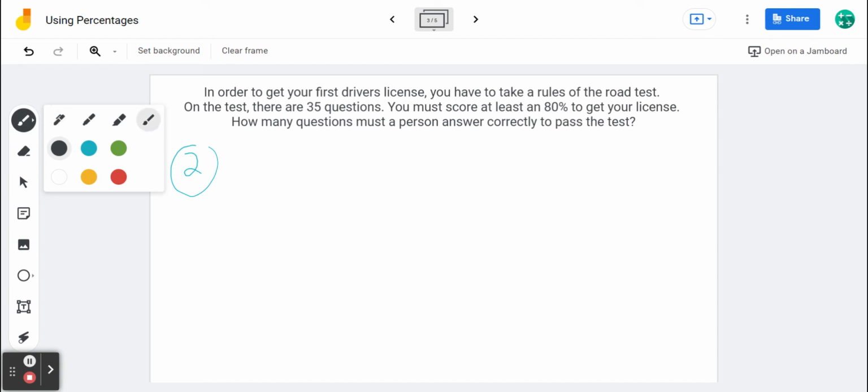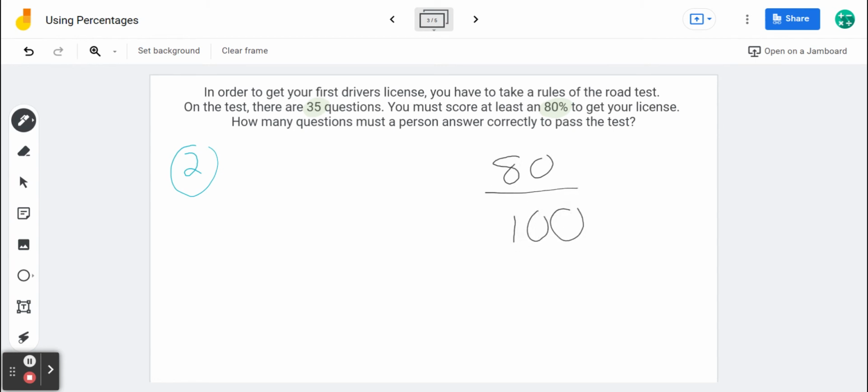So again, there's 35 total questions, and we have to get an 80%. Right away, as soon as I see percent, I'm like, well, let me write that as a fraction. 80% is 80 out of 100 as a fraction.